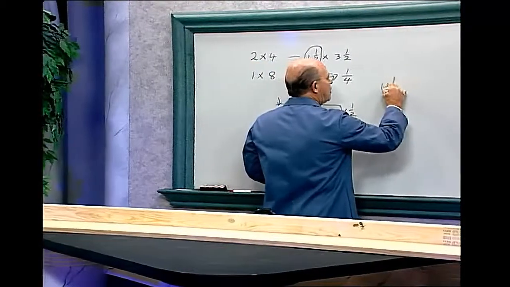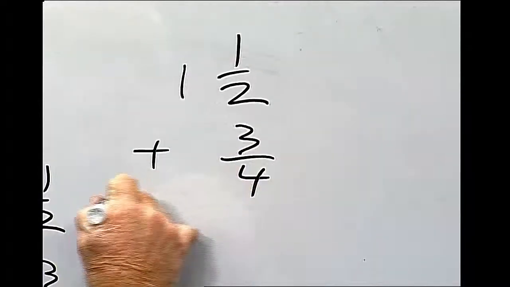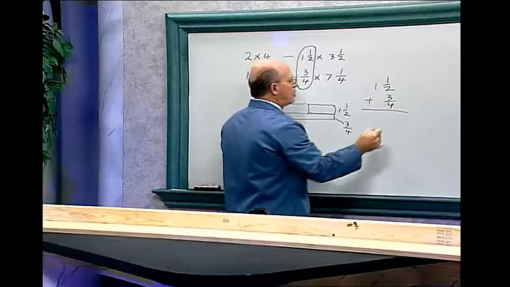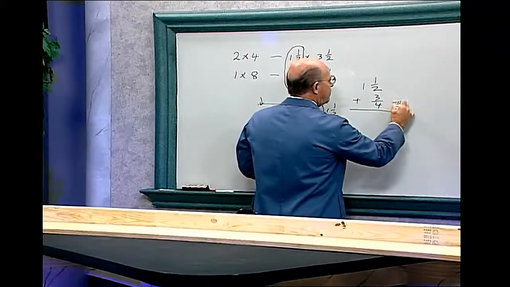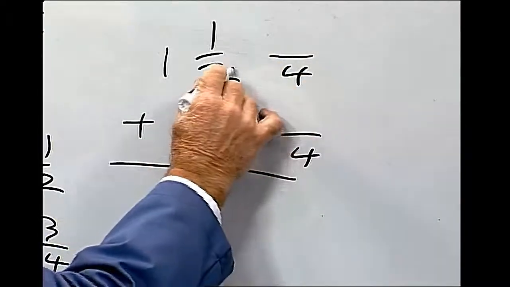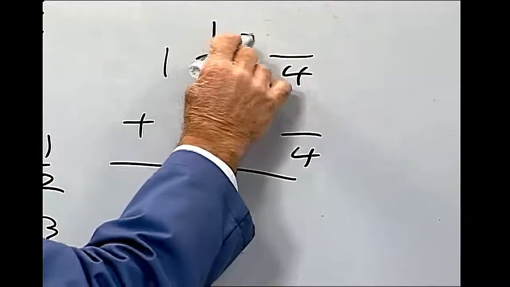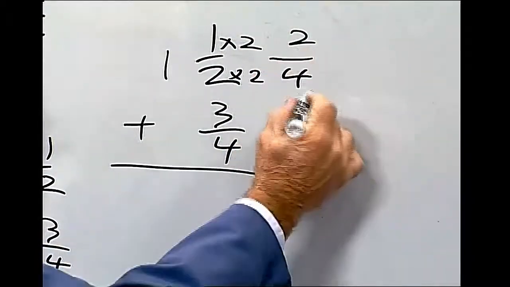So 1 1/2 plus 3/4 equals. So we have to have the common denominator, and that's 4. 2 goes into 4 2 times, times 2, times 2, 2/4. That will be 3/4. We have to add them.